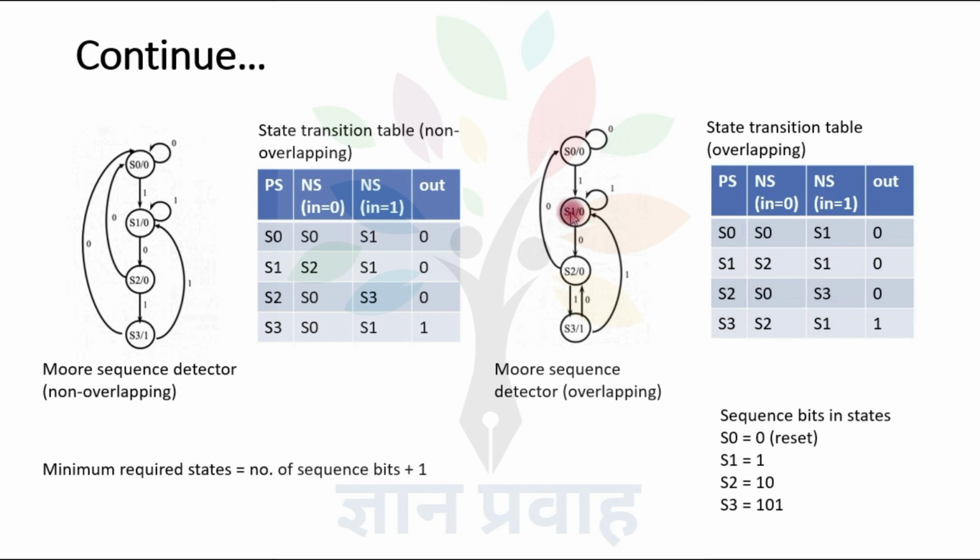This state diagram can be represented using a state table: present state, next states for both cases when the input is 0 and input is 1, and output value. Present states are S0, S1, S2, S3, and the outputs are 0, 0, 0 for S0, S1, S2 states and 1 for the S3 state.